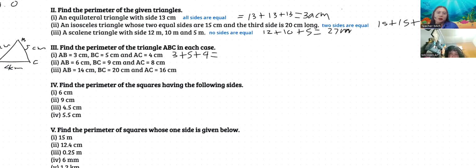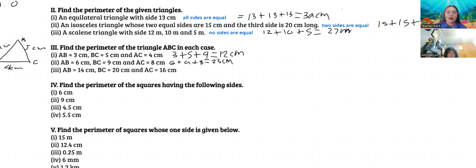How about for test 2? AB is 6 cm, BC is 9 cm, and then AC is 8 cm. Very good.